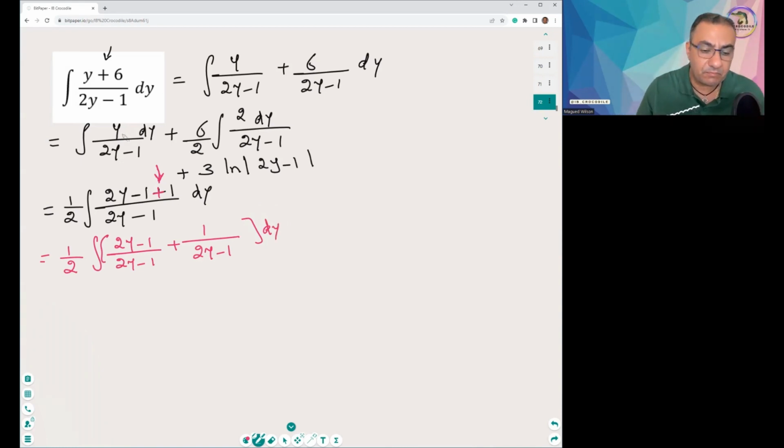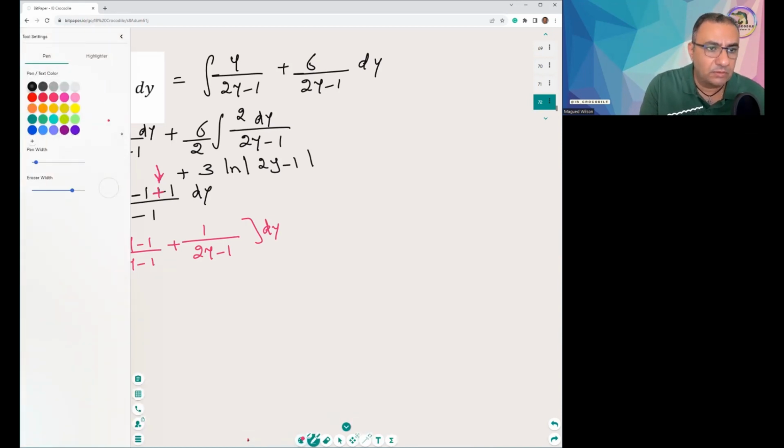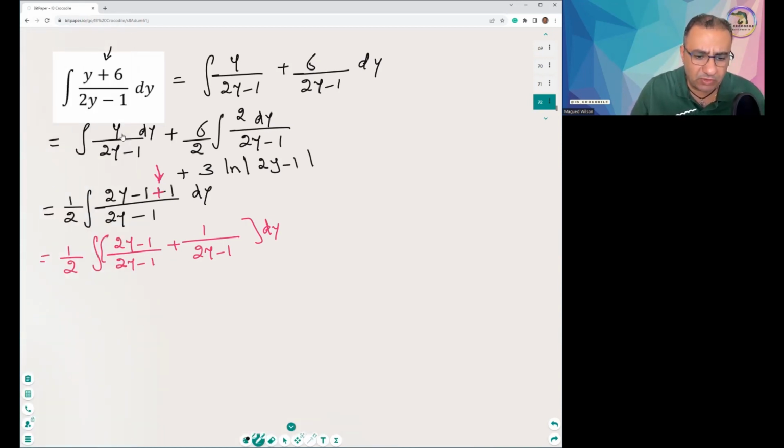So what is 2y - 1 over 2y - 1? It is basically 1. So that will be 1/2 the integral of 1 dy, which is easy, and then plus 1/2 the integral of 1 over 2y - 1 dy.